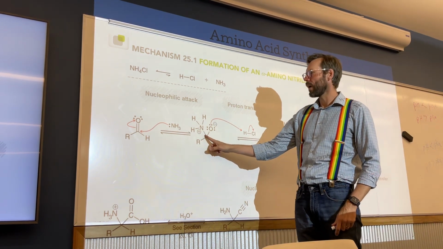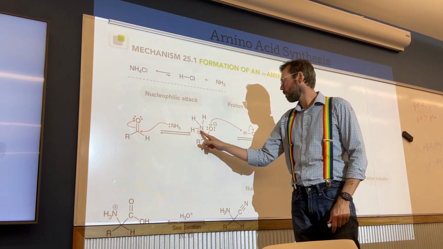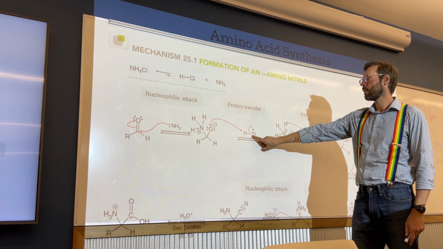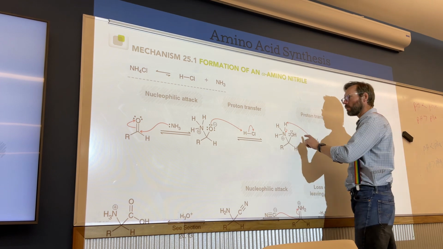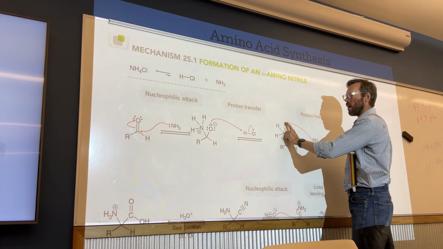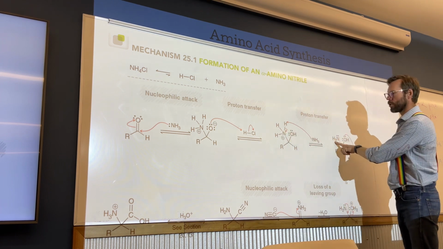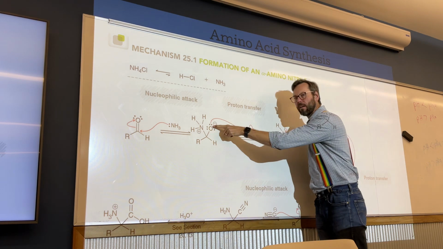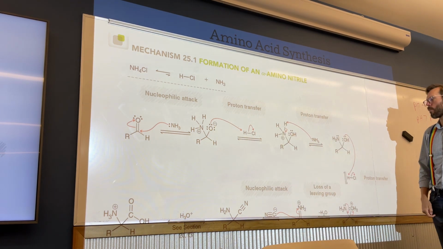Initially, we're going to attach our amine group on, and then we're going to reduce that by ripping off a hydrogen here to make NH2. In addition, we're going to protonate that oxygen to get our carboxylic acid group.